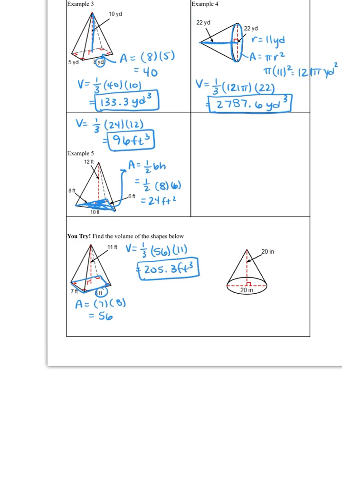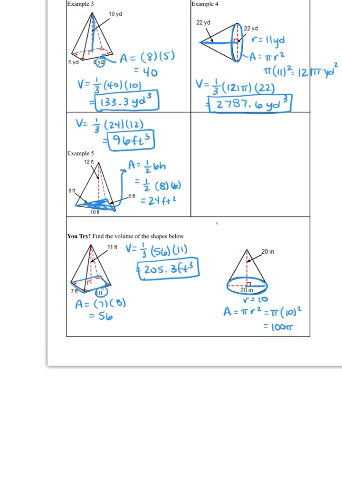All right, and then finally we have a circle down here. This is our cone. Now the radius you have to recognize is only 10, so the radius is 10. So the area of our base is pi r squared, which is pi times 10 squared, which is 100 pi.